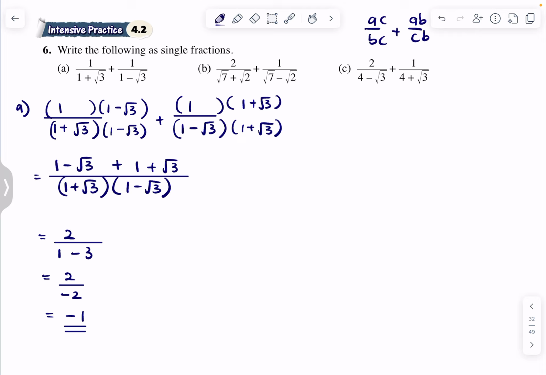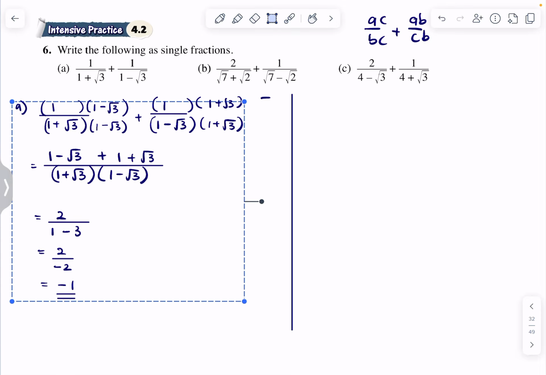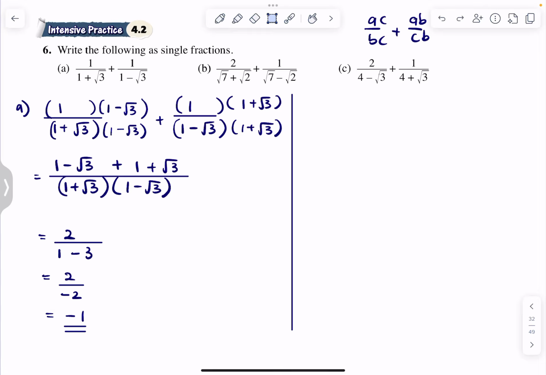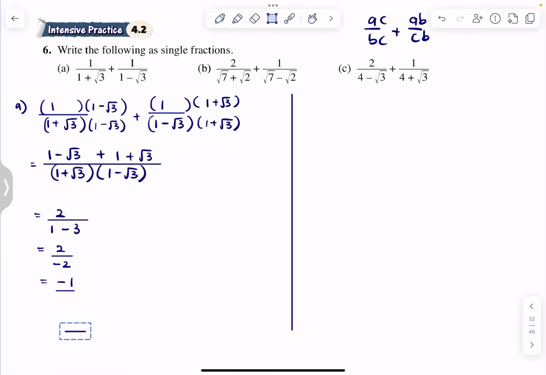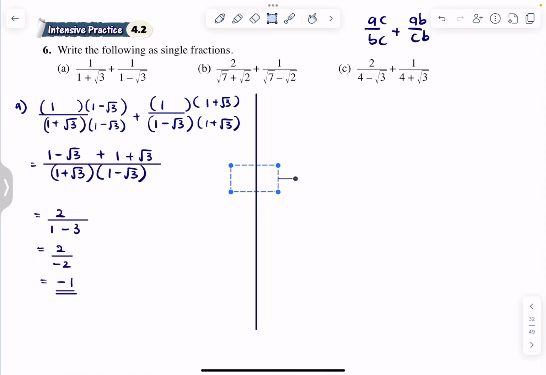Now let's look at B. Maybe I can make this a bit smaller. Right, let's do B. Same thing, this denominator must multiply each other.